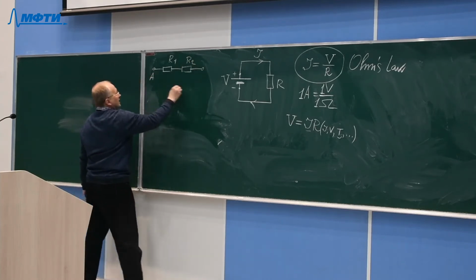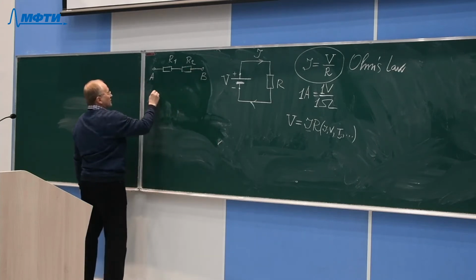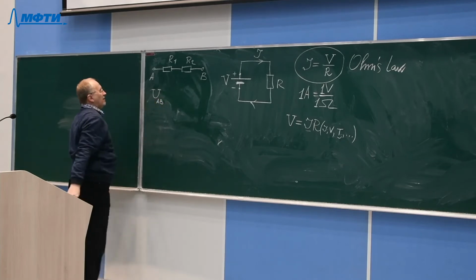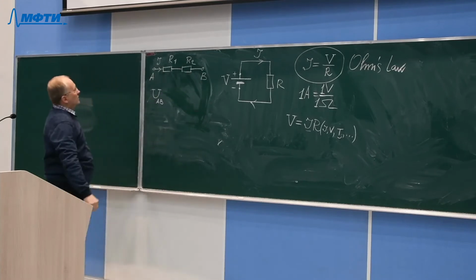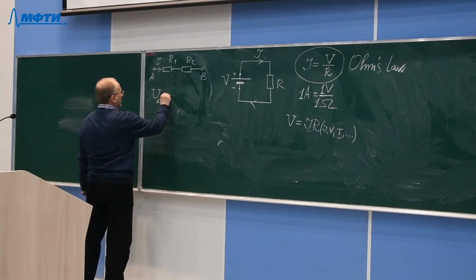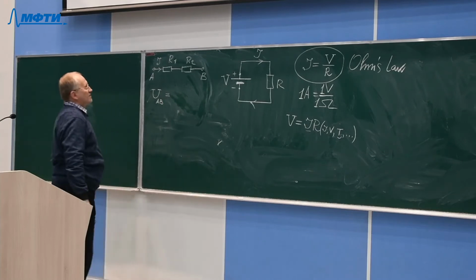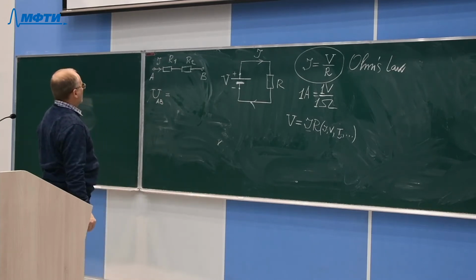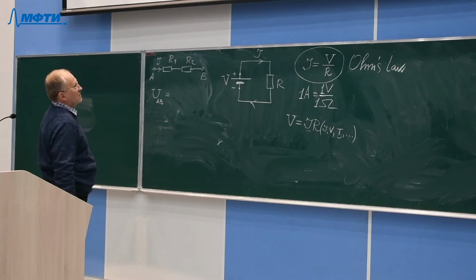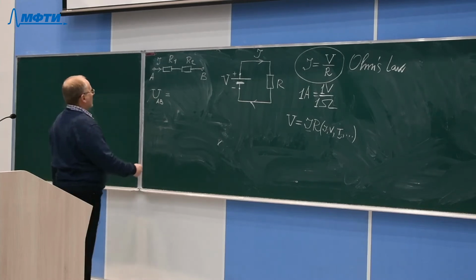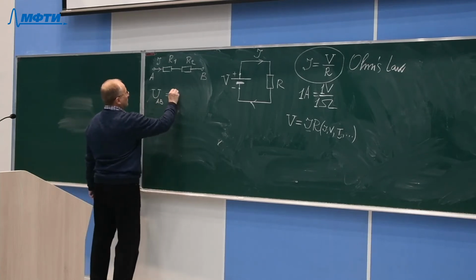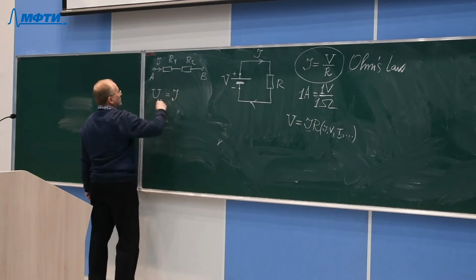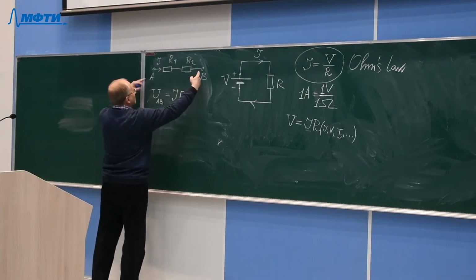And this point is A and this point is B, and we have a potential difference, that is voltage, between points A and B. And the current, which is flowing through this circuit, according to Ohm's law, the potential difference will be equal to the current flowing here and the total resistance of this circuit.